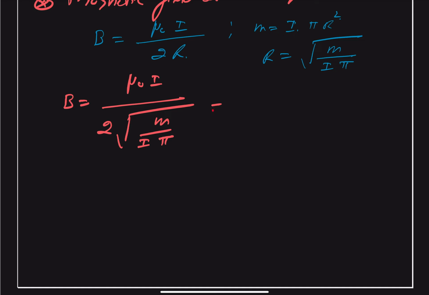And this can be further simplified. This will be coming as mu naught upon 2, square root of I cube pi upon m.